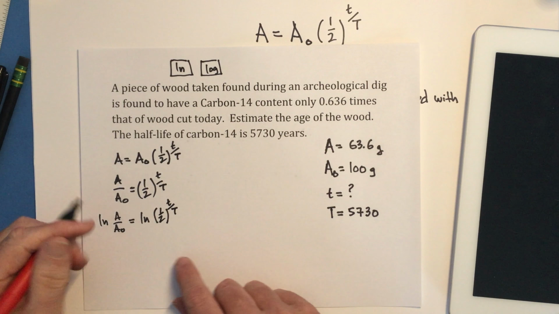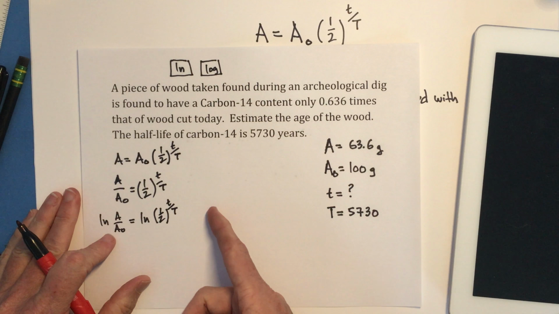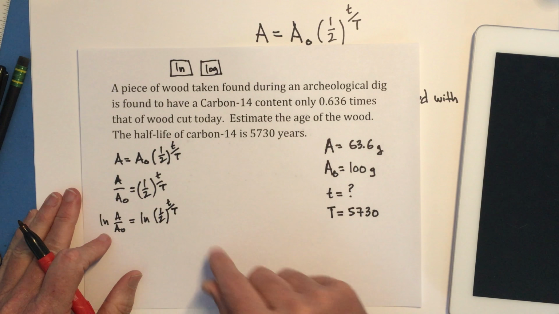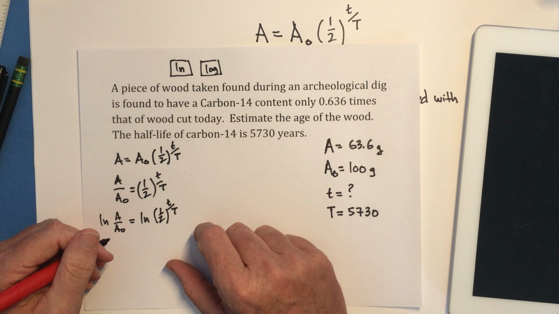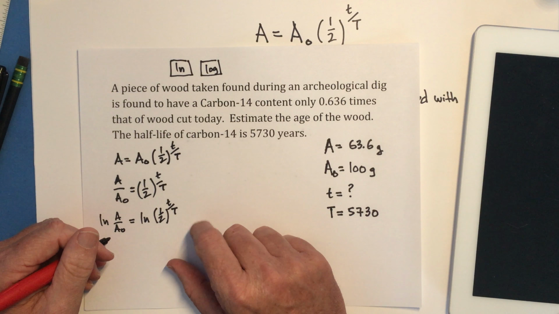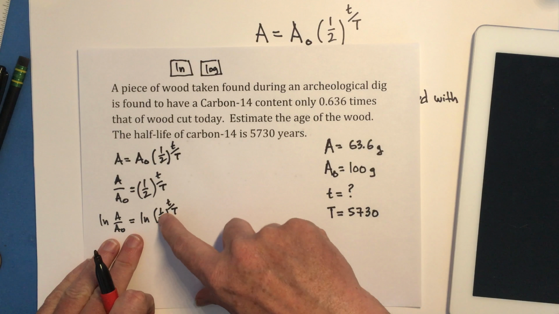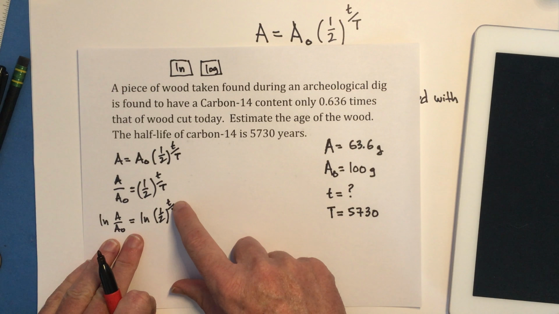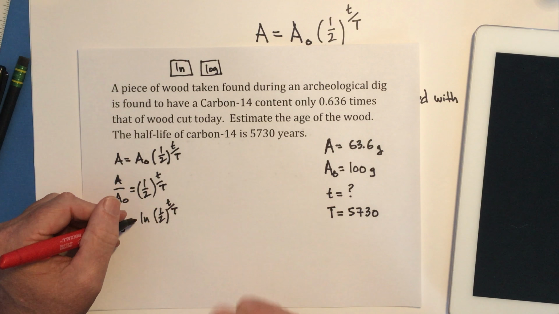Now why that helps me is one of the properties of logarithms. If you don't know anything about logarithms, you'll have to take my word for it here, but you might want to look into it. Logs are pretty amazing things. And we have a guy by the name of John Napier to thank for them some 400 years ago. So what this log lets me do, if you're taking the log of something that has a power, I can take that exponent and pull it out front and treat it like a coefficient.